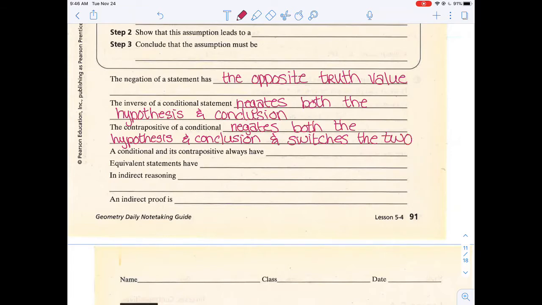So instead of starting with the hypothesis, you start with the conclusion. Okay, then a conditional and its contrapositive always have the same truth value. It will be important to remember. Then equivalent statements also have the same truth value, so they can't be equal if they aren't both true or both false.